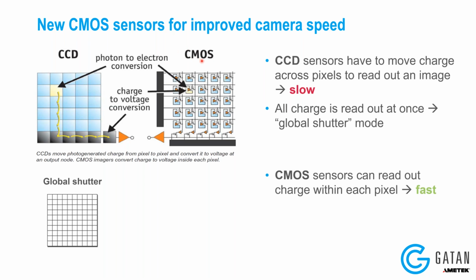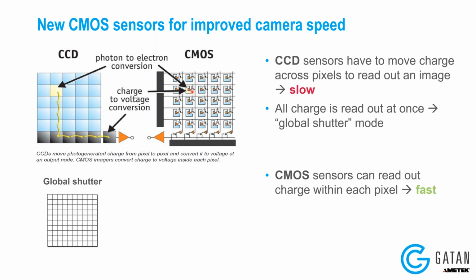Now, CMOS sensors, which are essentially pretty much the only technology used in the market for electron microscopy scintillator cameras, had a very different pixel design where the light could hit a pixel, but then the process of forming a digital signal from the analog charge that gets formed at the pixel happened within the pixel.